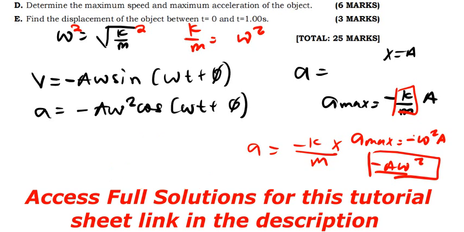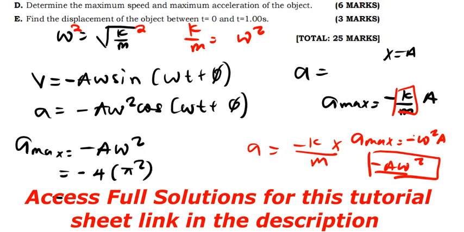So if I go ahead and say the maximum acceleration is given by negative A w squared, let's see, the amplitude is 4, w is pi, but we square it. So what acceleration are we going to find?